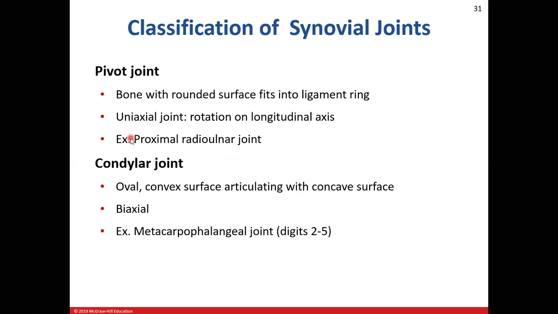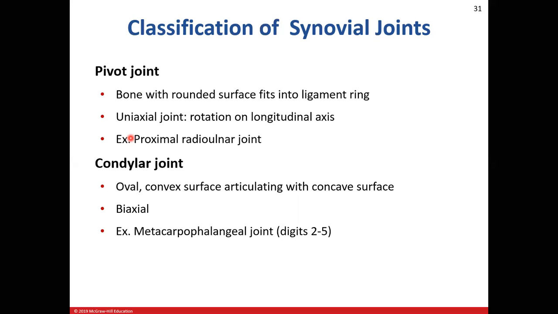This is going to be the proximal radial ulnar joint. Now, this is going to be found at the elbow complex, but it's what we see on the very outside or the lateral aspect of the elbow. And so what it does is it's the joint that allows pronation and supination of your radius and ulna over top of each other. So again, if we talk about proximal, we're talking about closest to the point of origin, and we're talking about the radial ulnar joint. So proximal radial ulnar joint.